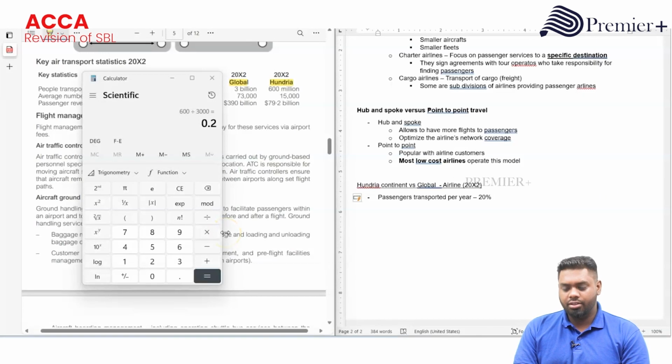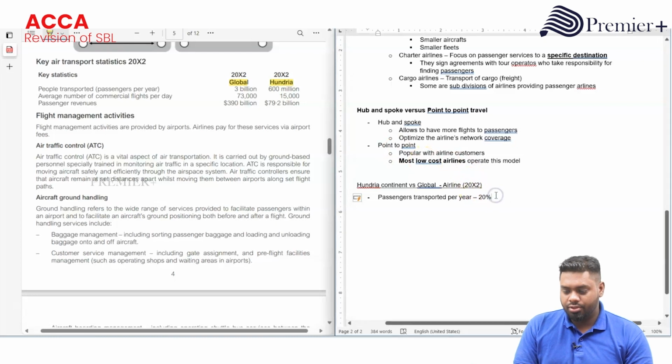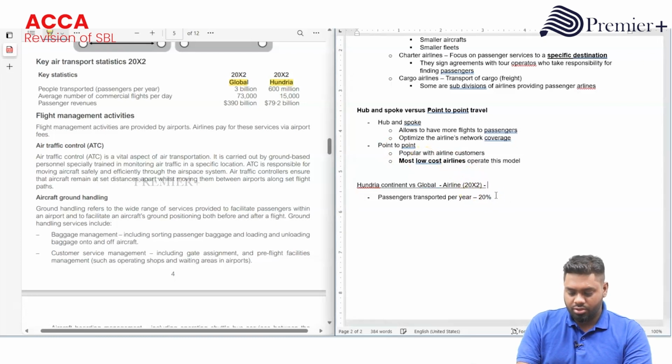So if you take passenger transportation from the global landscape, 20% is captured in the Hungarian continent. So it's Hungary as a proportion of global stats.